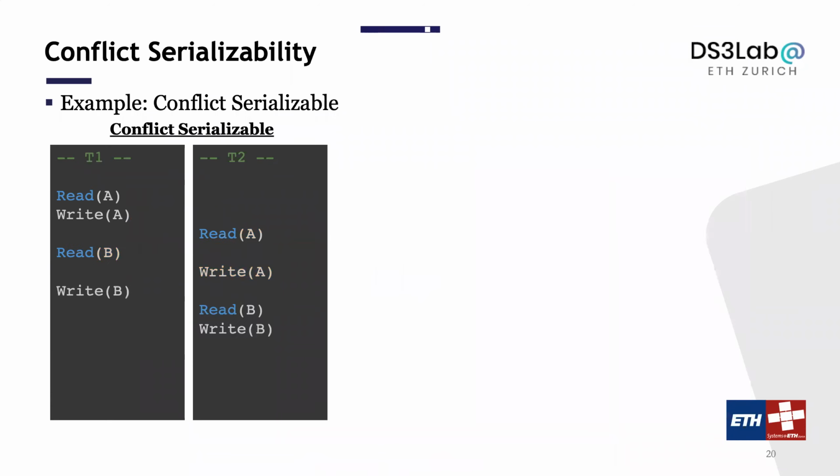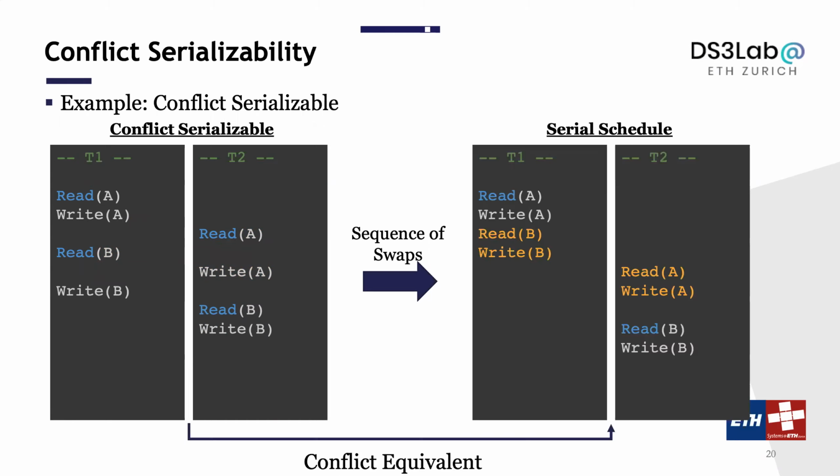As you can see, I can do a sequence of swaps between adjacent operators that are not conflicting with each other, and I can arrive at a serial schedule. So in this case, we say the schedule on the left-hand side is conflict equivalent to the schedule on the right-hand side.